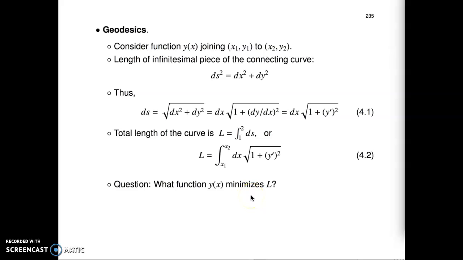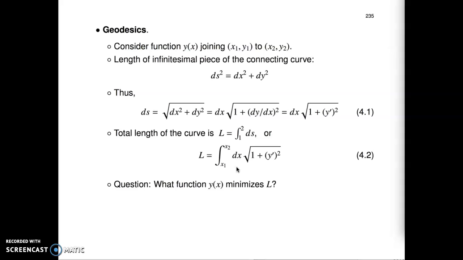But it's a very different kind of problem from the standard one in calculus that I talked about a little bit earlier on the previous slide. Okay, because I'm not asking for a value of x that minimizes or maximizes a function y, a known function. I'm asking, what is the function that is going to minimize this definite integral?